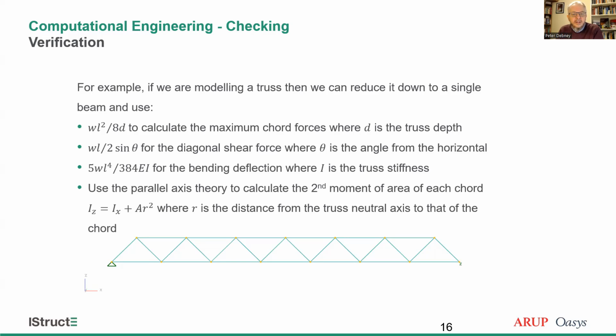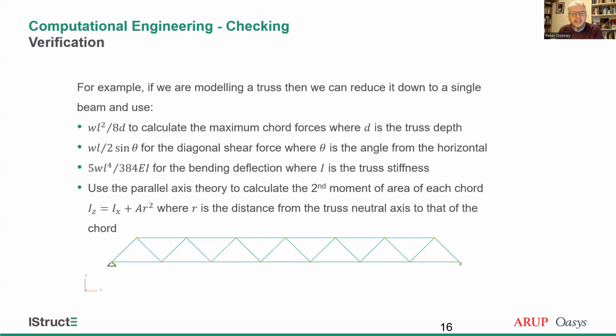The deflection of the truss. The I value of the truss is a little more complicated, but there is the parallel axis theorem, which means you look at the I values of each of the chords plus the separation of the chords, and that gives you a good indication of the I value overall of the truss.